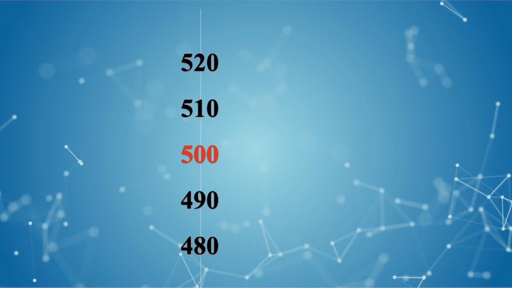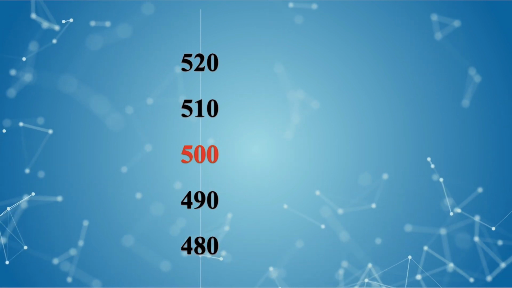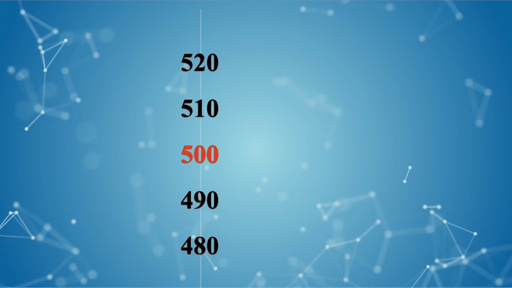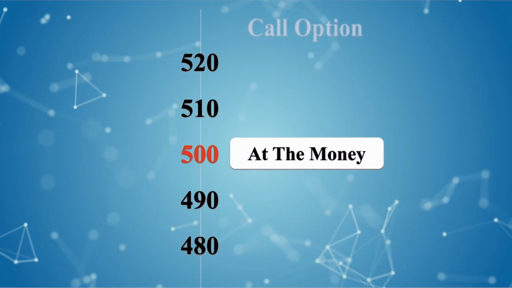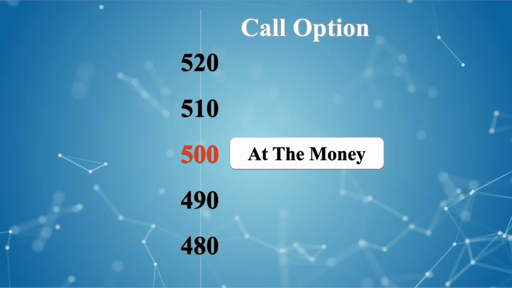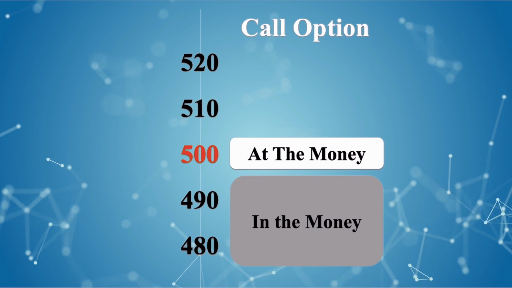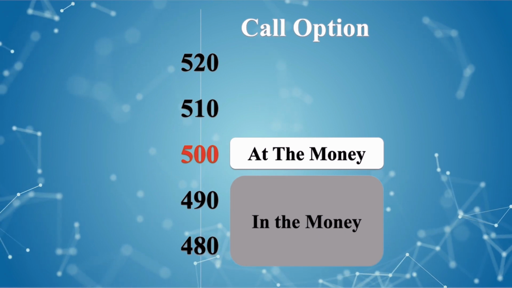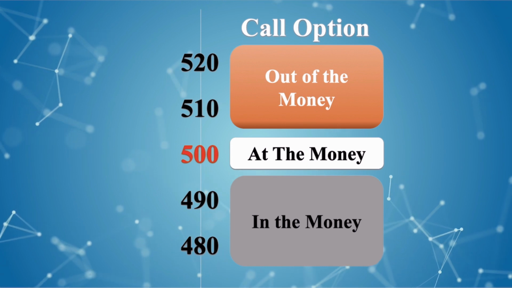Now we discussed about option prices also. Let's move to category of strike prices. We have three categories of strike prices. The strike price which is nearer to spot price is at the money option. For call options, strike prices which are below the spot price are known as in the money options, and the strike prices which are above the spot price are out of the money options.